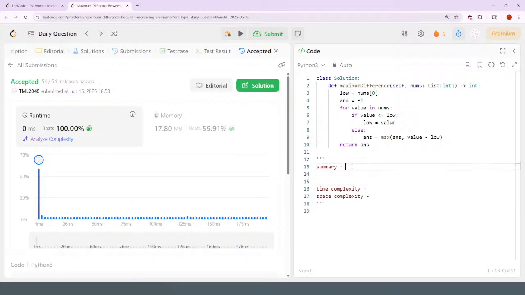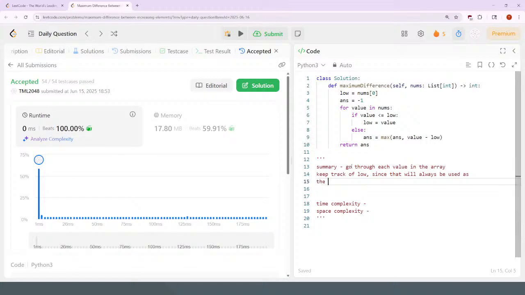Summary. Well, obviously you need to go through each value of the array, keep track of low, since that will always be used as the value to subtract by in the maximum difference calculation.